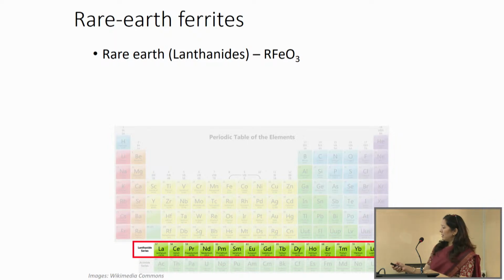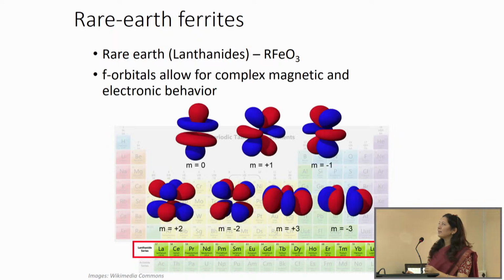If you go from lanthanide to lutetium, you get differently filled F orbitals, and iron has partially filled D orbitals. So 3D in iron and 4F in lanthanide. This interaction gives us an opportunity for complex magnetic and electronic behavior to exist and to be analyzed by understanding the dynamics of 3D-4F.